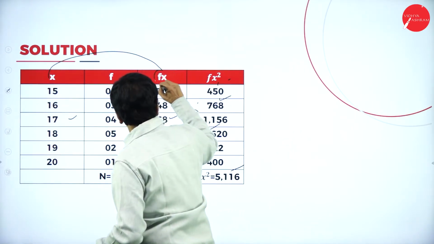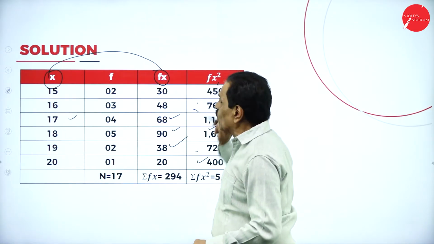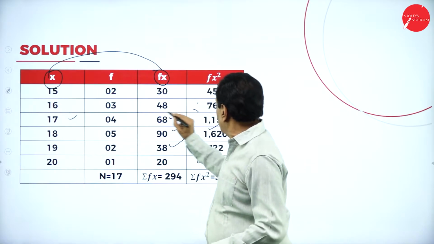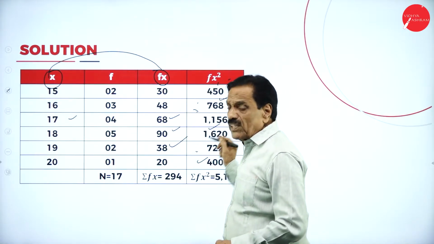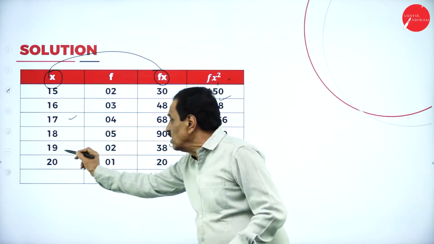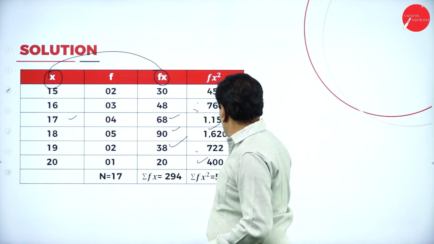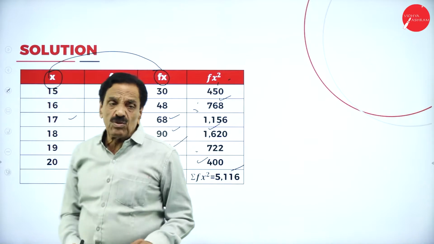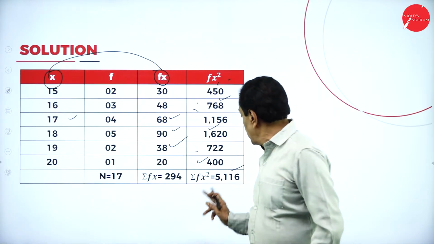What is next step? Sigma fx into x, multiply. 15 into 30, 450. 16 into 48 is 768. 17 into 68, 1156. 18 into 90, 1620. 19 into 38, 722. 20 into 20, 400. If you add the figure, it is equal to 5116 sigma fx square.